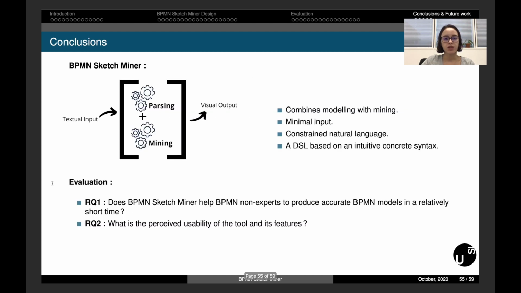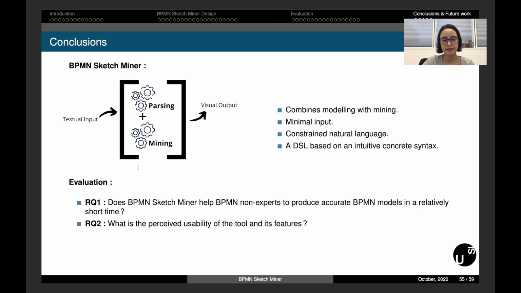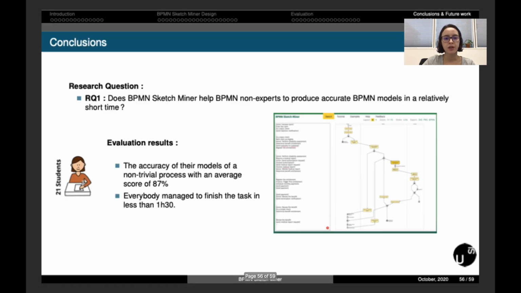As a conclusion, as we said before, the BPMN Sketch Miner is a tool which combines explicit modeling with mining, which means that the user only needs to provide a minimal input based on a DSL, which is made to be as close as possible to natural language. We also had an evaluation to respond to 2 questions.